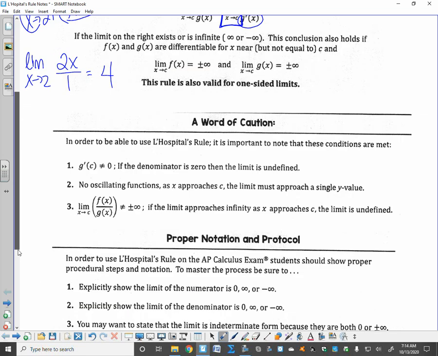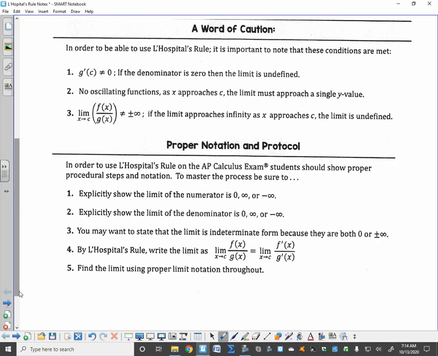Let's see. Word of caution. The derivative of the bottom can't be 0. If you take the derivative and try to pull the trigger on your limit, and you get a 0 in the denominator, it doesn't work.